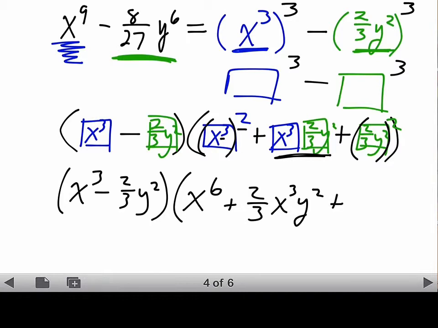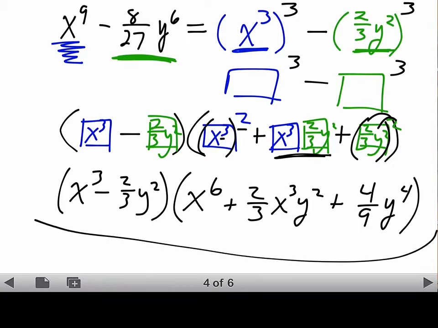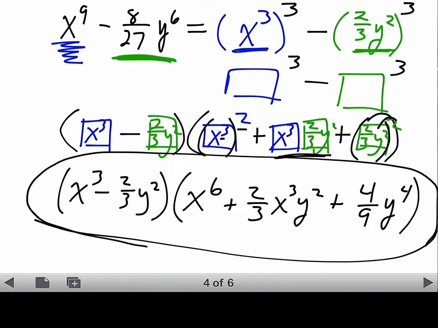And finally, applying the squared to the factors in the last term, we have 4/9 y to the 4th, again multiplying exponents as appropriate. And here we have factored this difference of cubes without breaking a sweat.